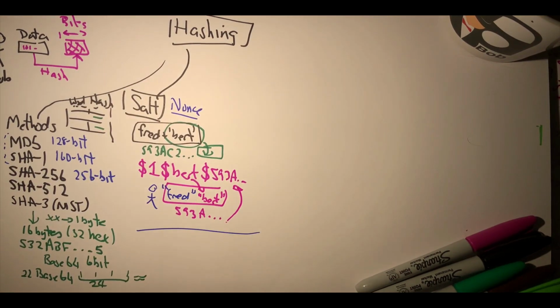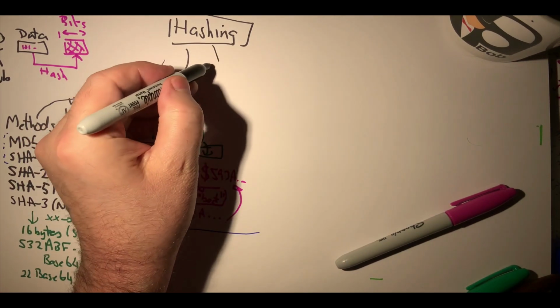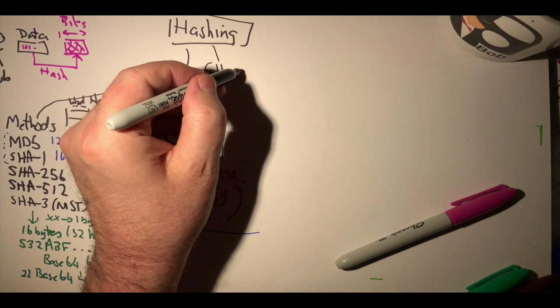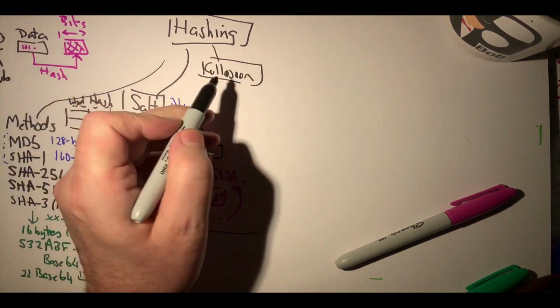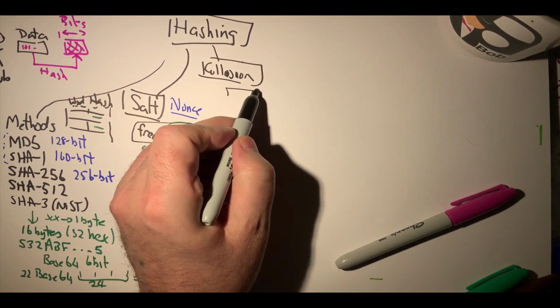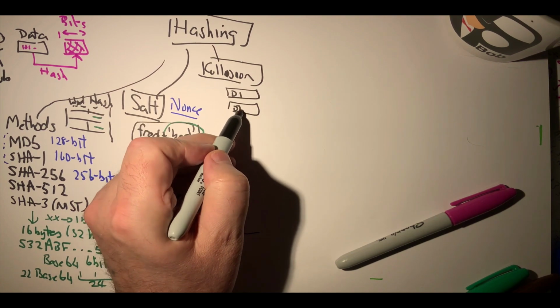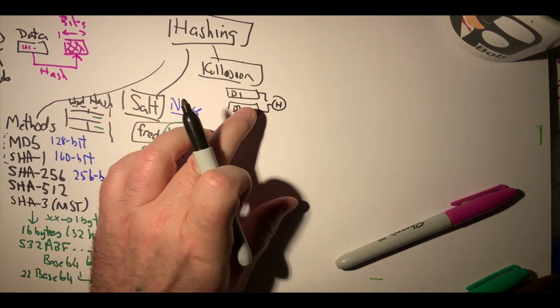Along with this, we have the important concept of a collision. And the collision happens when we have two different types of data, but they produce the same hash value.